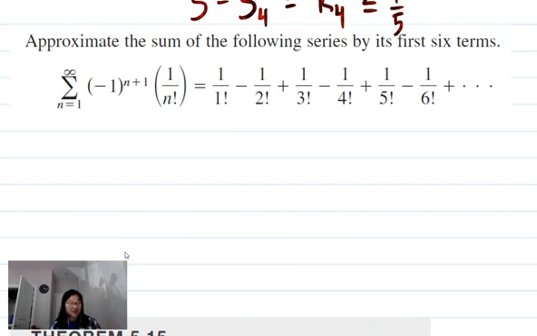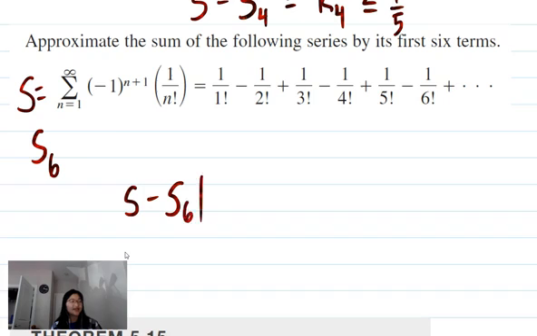So if you're asked to approximate the sum of this series by its first 6 terms, then we're looking at this S, that's capital S, and our first 6 terms, so our sixth partial sum. And so S minus S sub 6, the difference, is R sub 6, the remainder on our 6th.